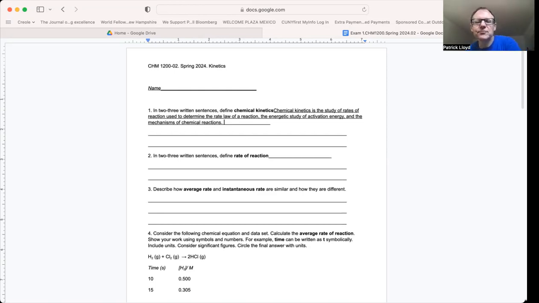Okay, so that's not written properly as 3 sentences, but essentially that's the idea.